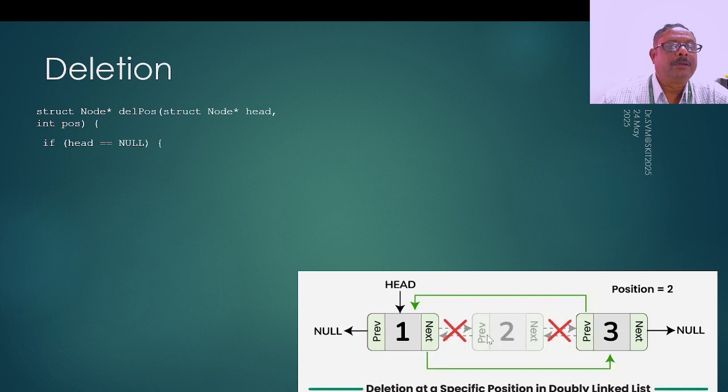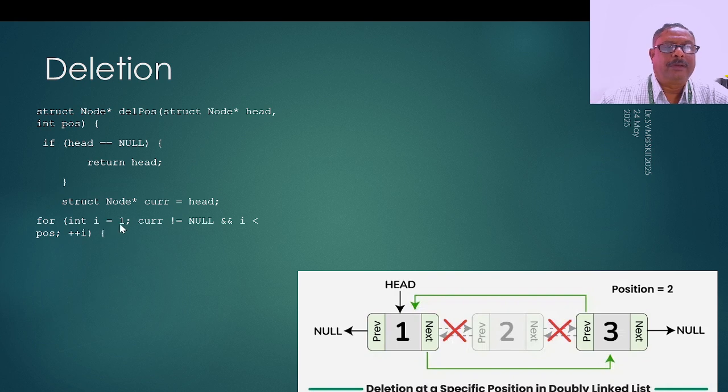The algorithm says to start from the current node and keep the position i, starting with 1, and keep incrementing until we reach the end or until i is less than the position.